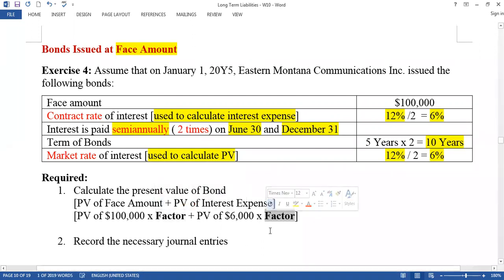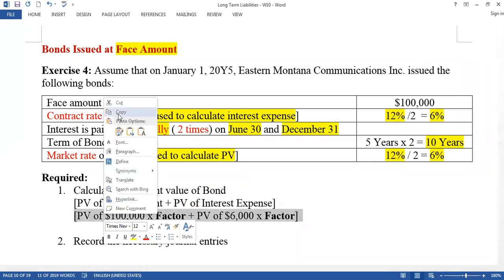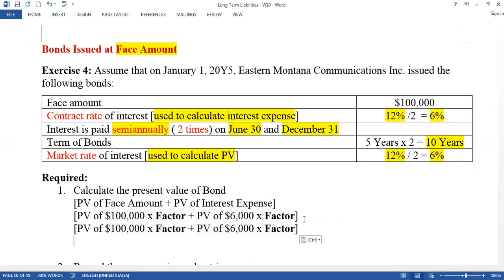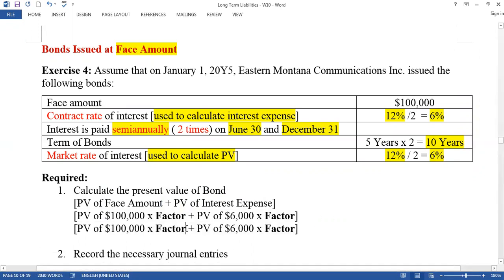Now, based on our chapter 1, we know how to find this factor. To calculate the factor, we need the interest rate, and this interest rate should be the market interest rate. So 6%, it is the market rate.